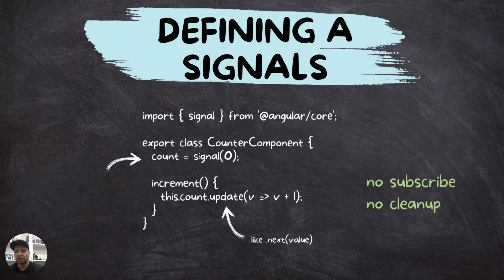Angular knows when count changes and will automatically re-render anything that depends on it. So this declarative style makes code easier to reason about, and the rendering is scoped to the parts that actually read the signal.